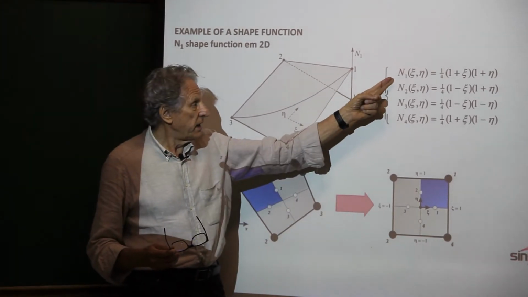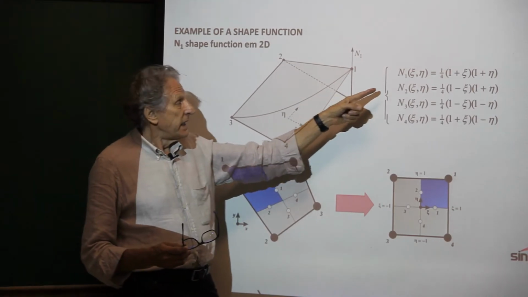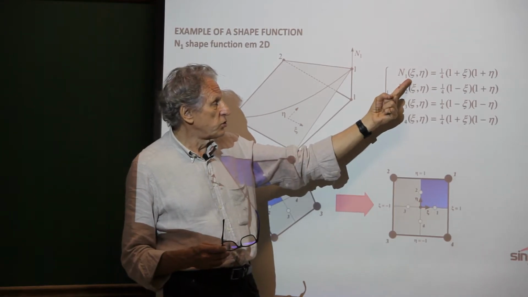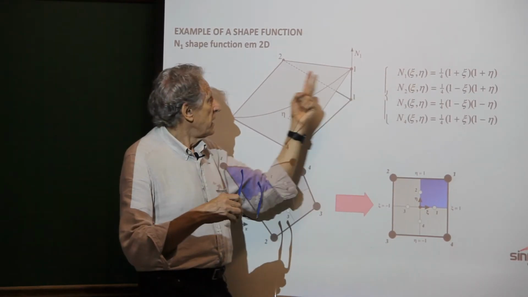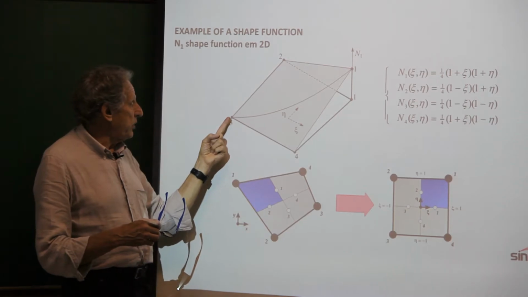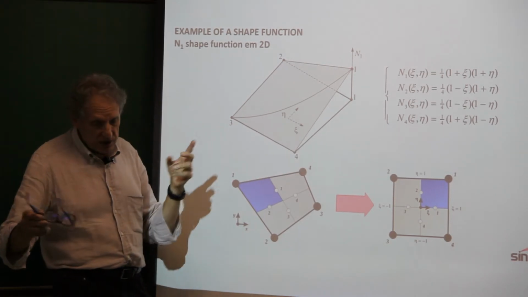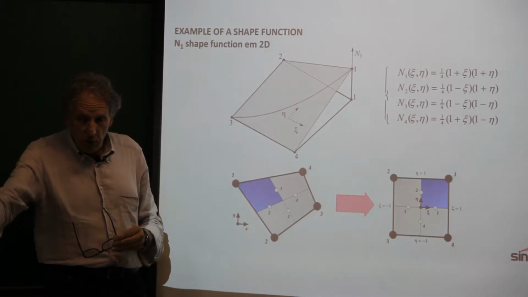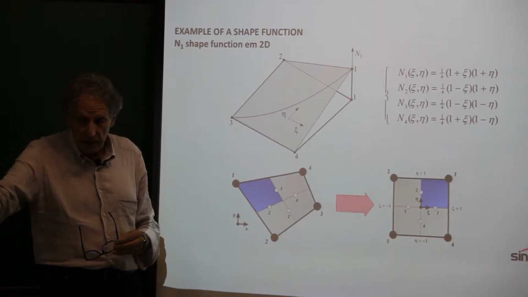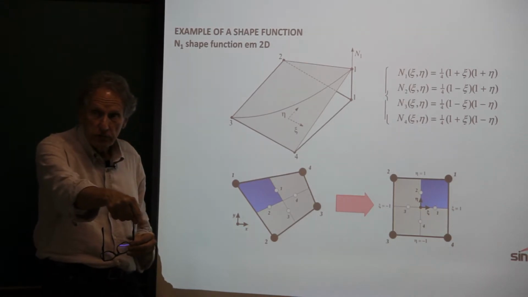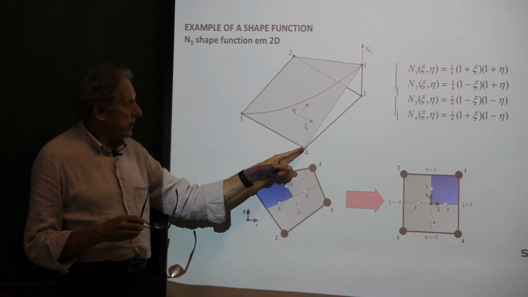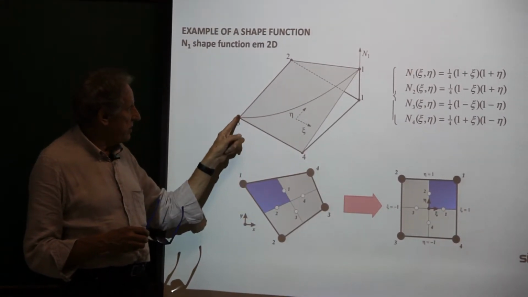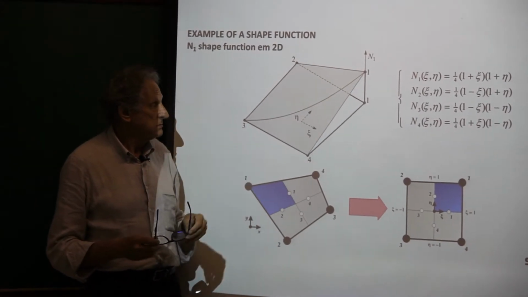The value of N1 in point 2 is 0. N1 in point 3 is also 0. We just said N1 is 1 in point 1, and of course N1 has no influence in point 3 or point 2. So in point 4 again, N1 is 0 here, 0 here, 0 here, 1 there.